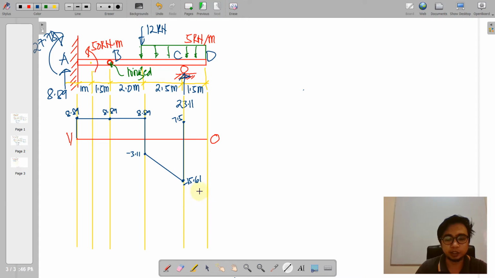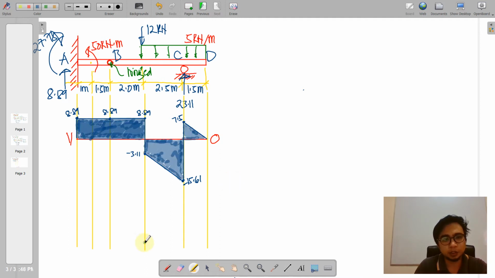We just connect that by a straight line, and then finally we have 5 by 1.5 for the area of the load diagram to be deducted from 7.5. So 5 by 1.5 is actually 7.5. So that will just close it to 0. So here is our shear diagram.